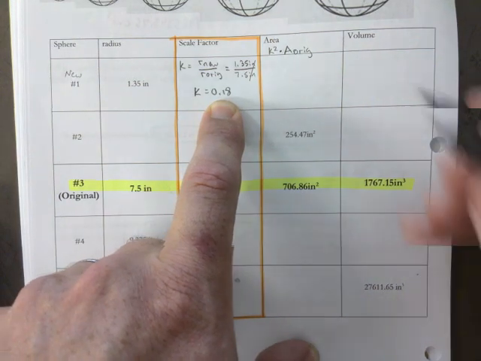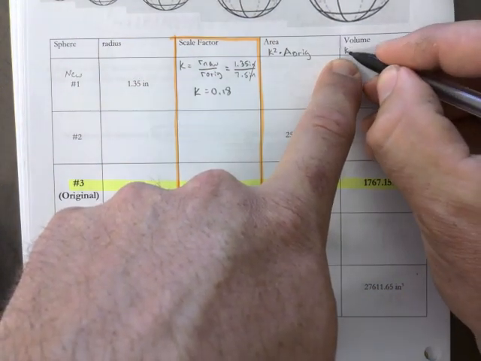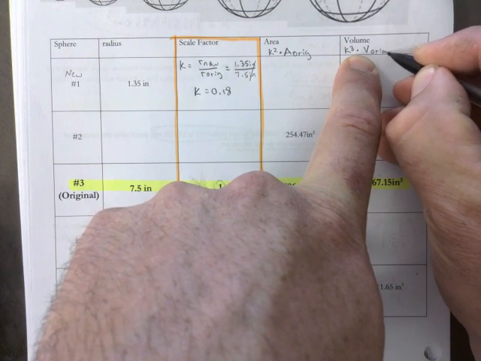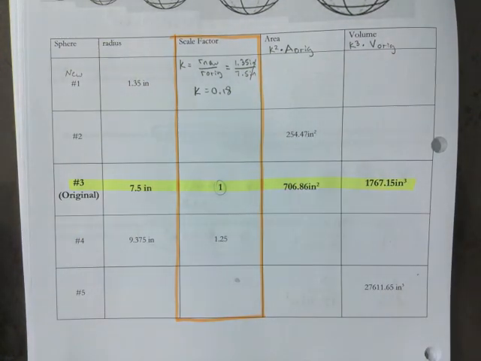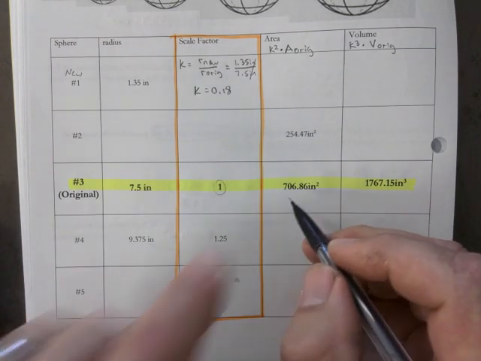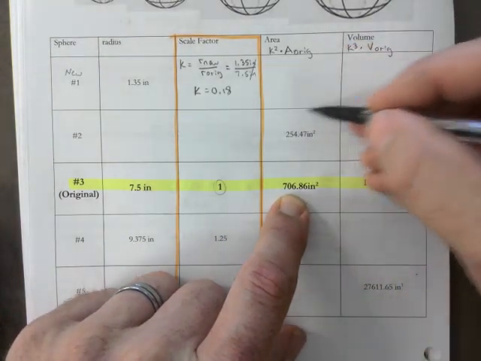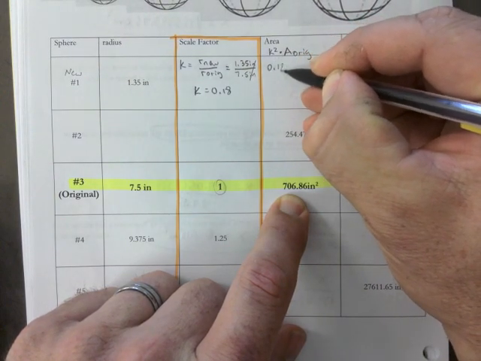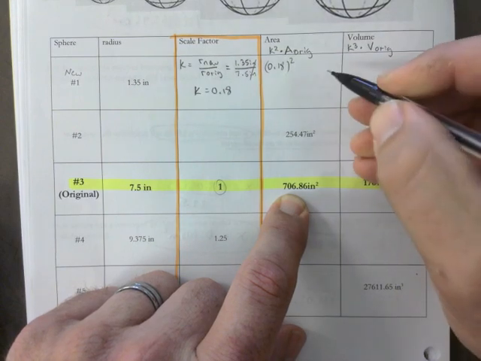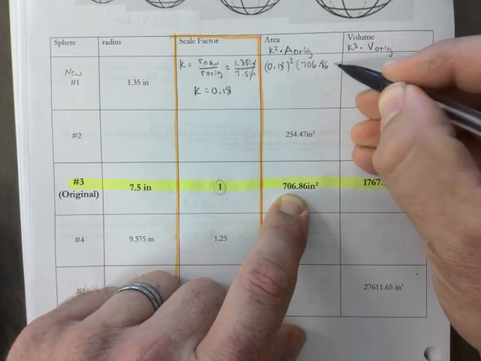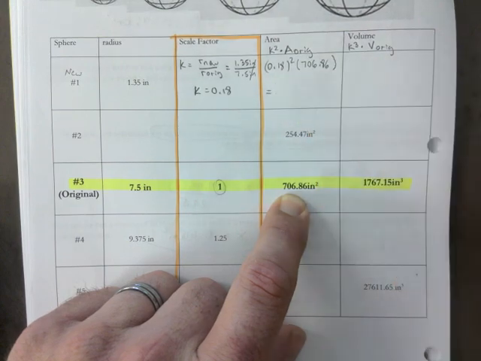And to get the volume, you go K cubed times volume of the original. Because to get this new one, you just apply the scale factor. So here, to fill in this chunk, we go 0.18 squared times 706.86, and that's going to be our answer.